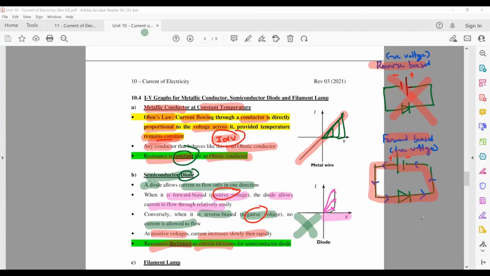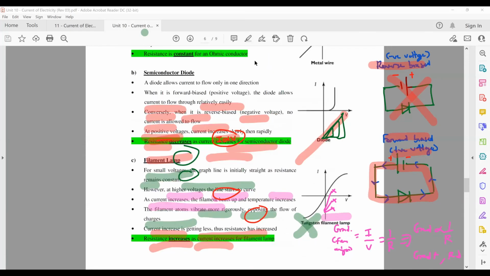The gradient from origin is increasing, so therefore your resistance is decreasing. Because here you see gradient from origin is I over V, is 1 over R. So gradient is inversely proportional to R. If your gradient increase, your resistance drops. Okay, so this is one way to look at it.